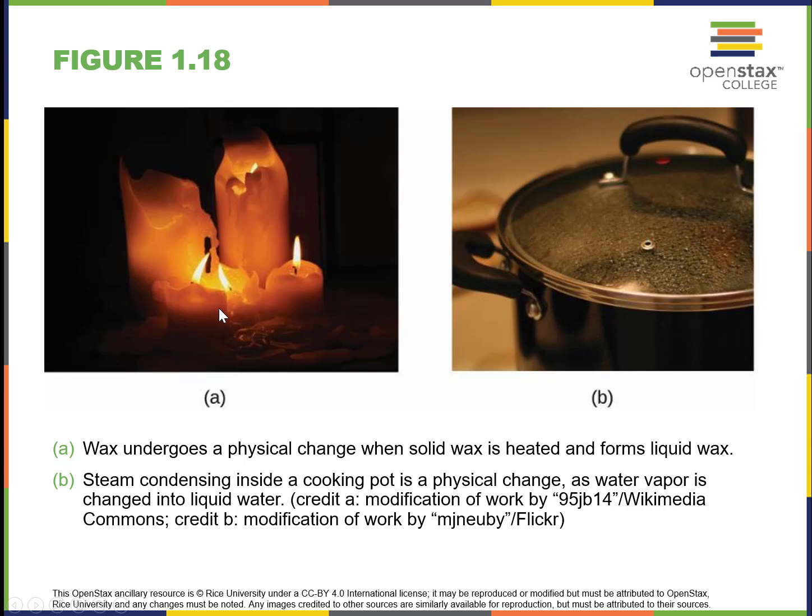That seems like a pretty big change. And over here we have steam, basically water boiling and forming steam in this pot. But these changes, it turns out, are mostly not chemical changes. I say mostly. There is a flame here, so there is some amount of a chemical change going on.